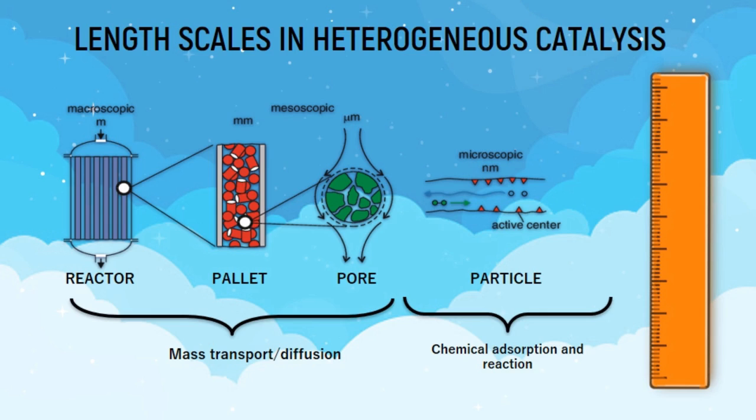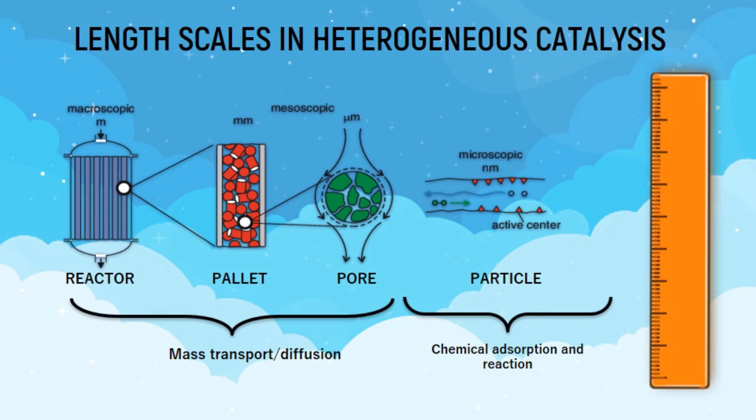It can be in granular or powder size, but in this slide, we show it in pellet size, which is in millimeters. Next, if we zoom in more into the pellet, we can see the surface of the catalyst, which contains pores in it.